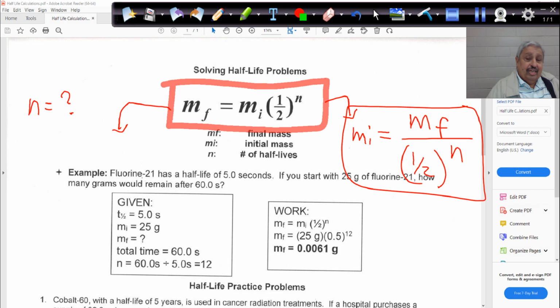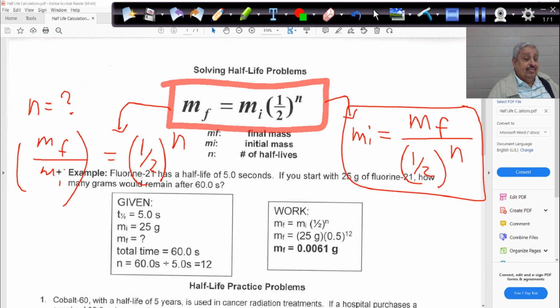So let's do it together. First, mf over mi, correct? This is one by itself, equal to half to the n. That will not come in the final exam and it cannot come in my quiz, but at least you will be able to do it.